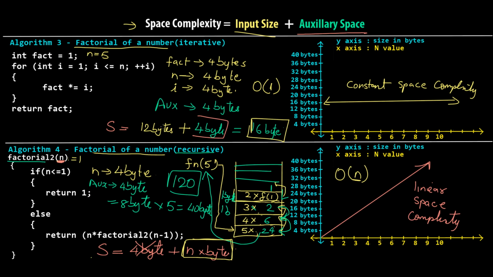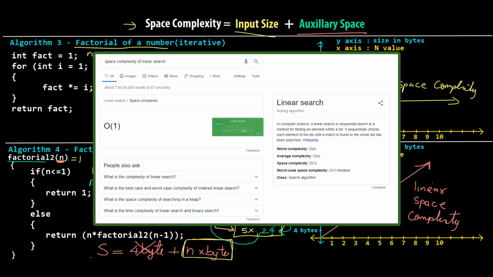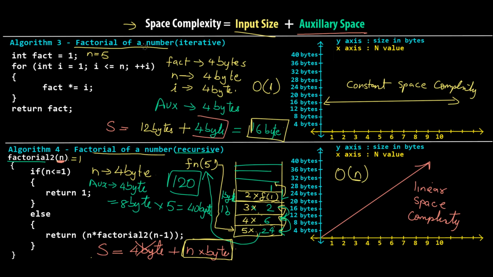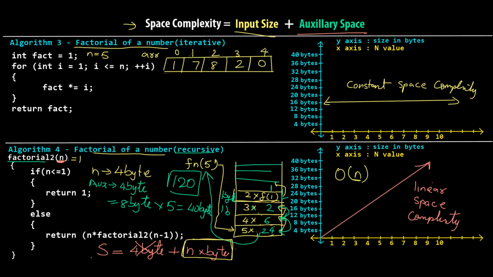And if you just Google the space complexity of a searching algorithm, for example linear search, you'll get the result as O of 1. Now technically, for a linear search algorithm, let's say you have an array of size 5 and some integer variables, and you want to search for this number 0.